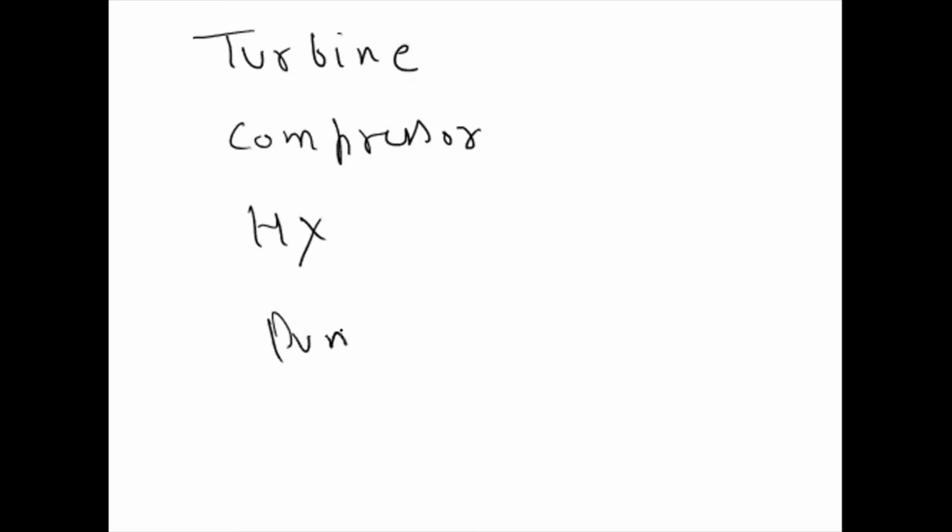A pump is again a good example of the open system. A nozzle is again a good example of the open system. So these are flow systems, where flow can take place, where mass can cross the boundary. I hope that you've understood the open system.